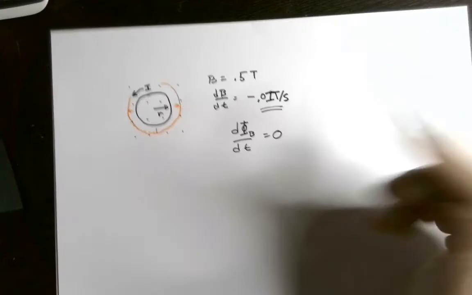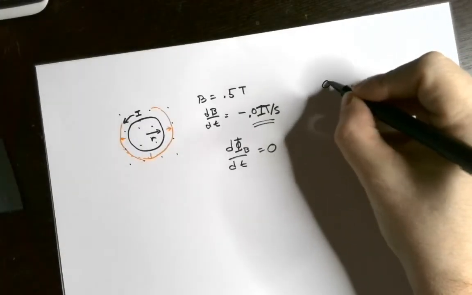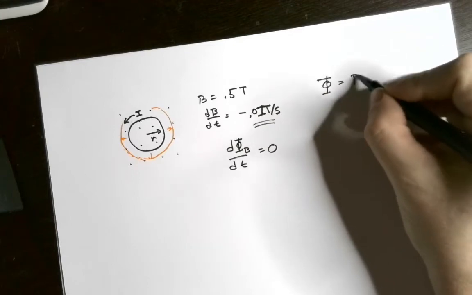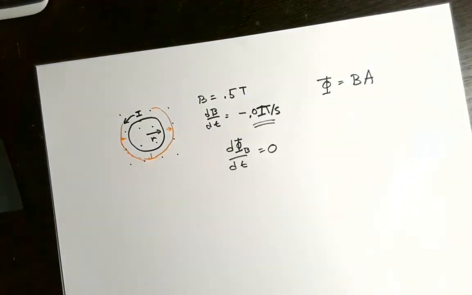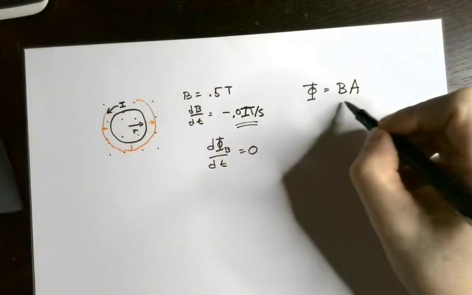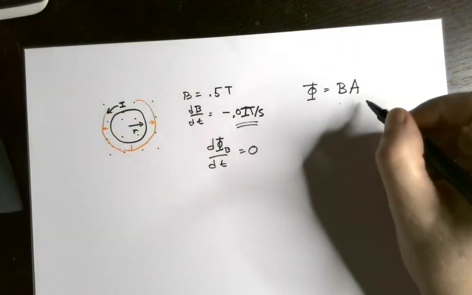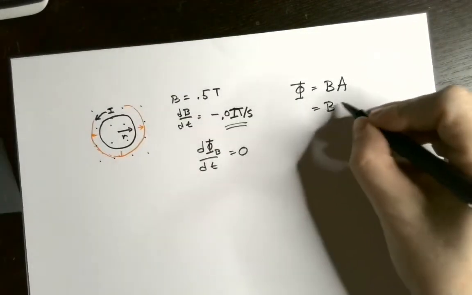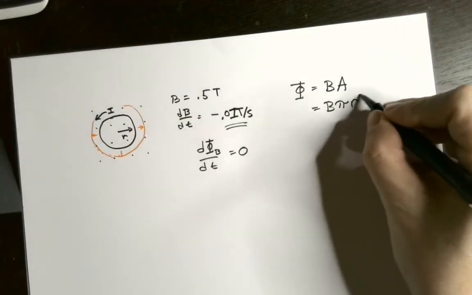Let's see. The magnetic flux is just B times the area. We don't need to worry about the dot product, and we don't need to integrate, since B is constant and perpendicular to A. So that's equal to B times pi r squared.